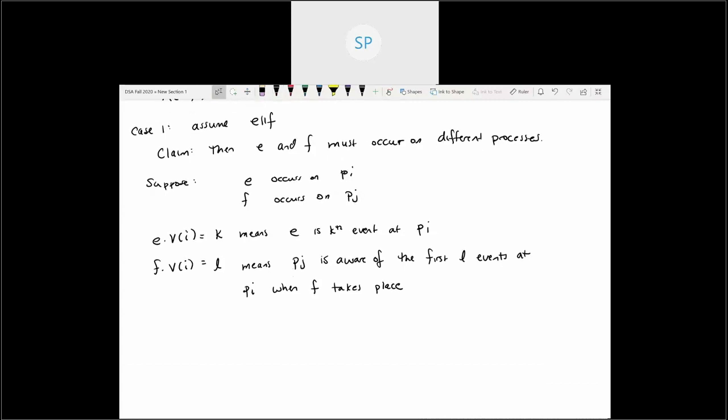So I'm going to now make another claim that it must be the case that E's ith component is greater than F's ith component. My claim number 2. So does anybody want to take a stab at explaining why that must be true?